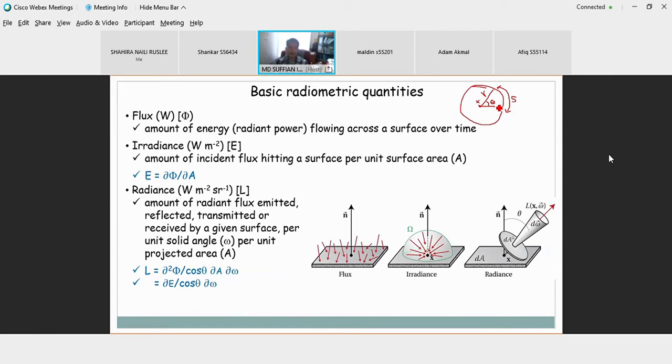Tapi kalau dalam 3D, you put in a 3D space in a sphere, this arc length ni kita panggil sebagai steradian.